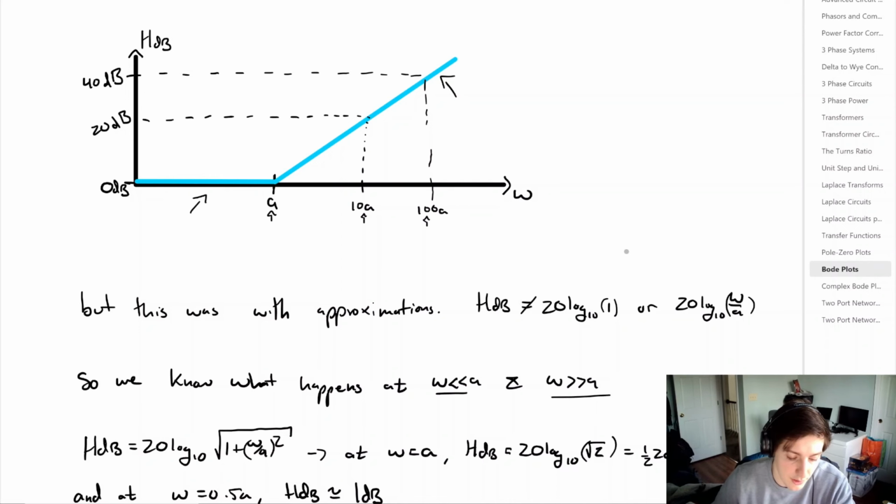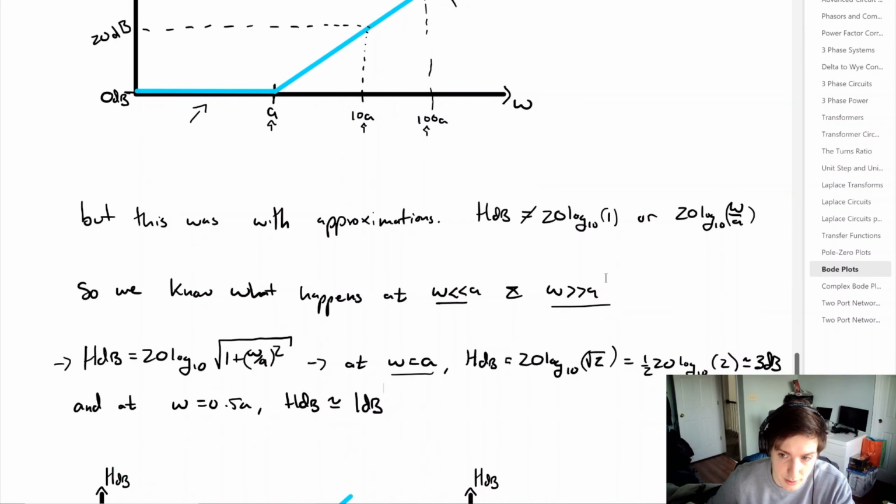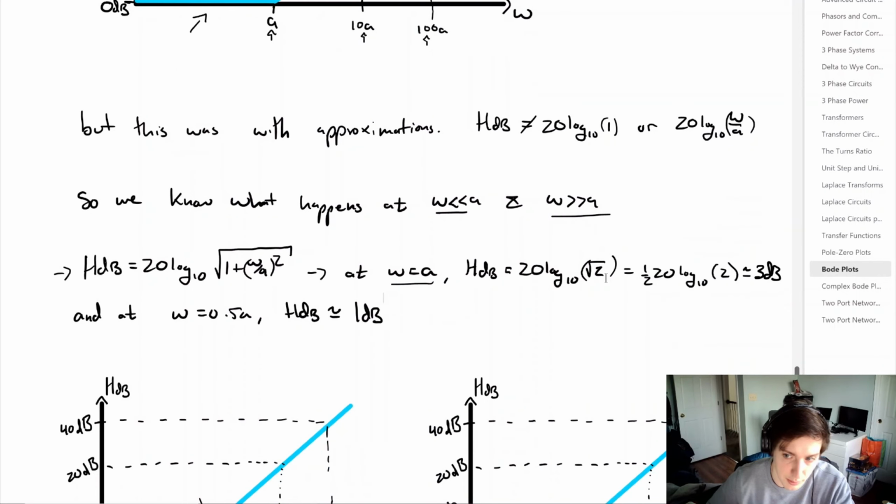So our original function is 20 log 10, and then we have that square root term. And we can start to plug in what's going on at omega equal to a. What we get is 20 log 10 of the square root of 2, and that's going to be approximately equal to 3 dB. And then at omega equals half of a, H dB is approximately 1.